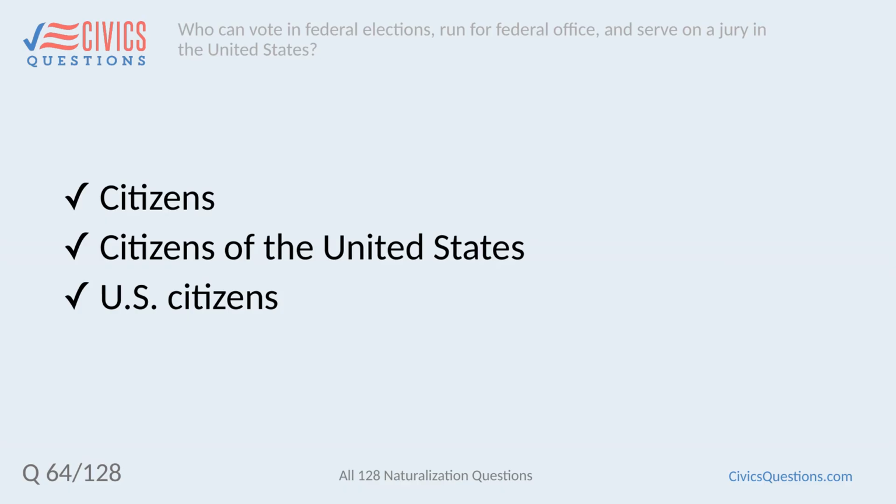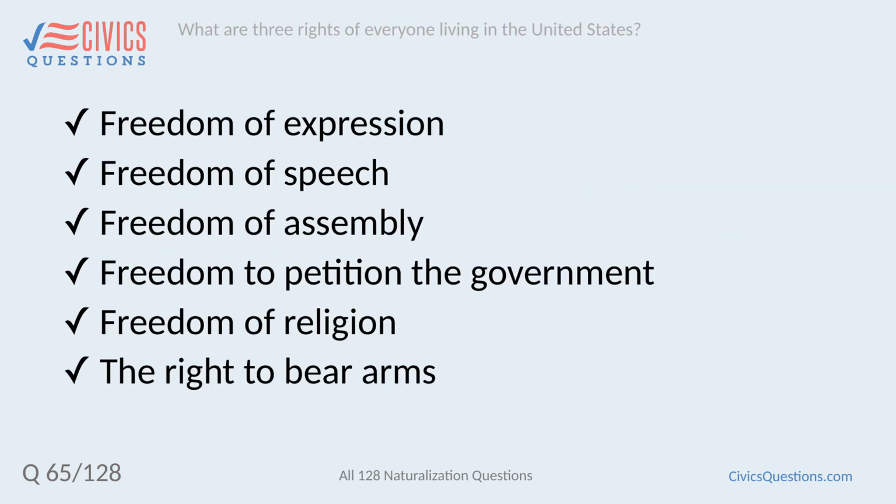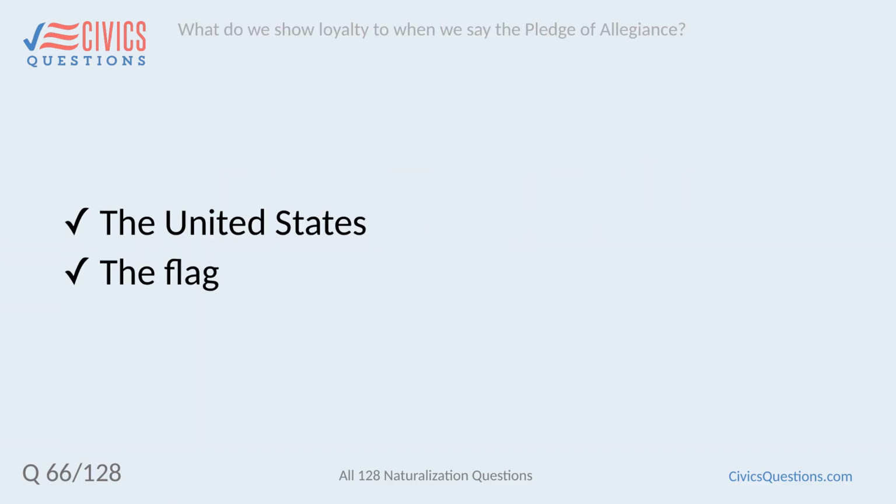U.S. citizens. What are 3 rights of everyone living in the United States? Freedom of expression, freedom of speech, freedom of assembly, freedom to petition the government, freedom of religion, the right to bear arms. What do we show loyalty to when we say the Pledge of Allegiance? The United States, the flag.